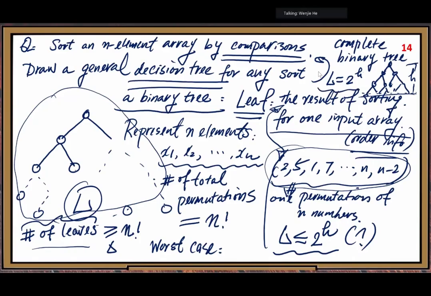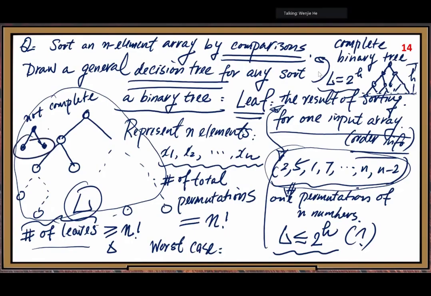Now, the general decision tree is not complete, right? That means the number of leaves becomes smaller, because some of the branches you do not grow to the bottom level. So some of the branches are shorter. Each node, when you go from the current level to the next level, one node splits into 2.